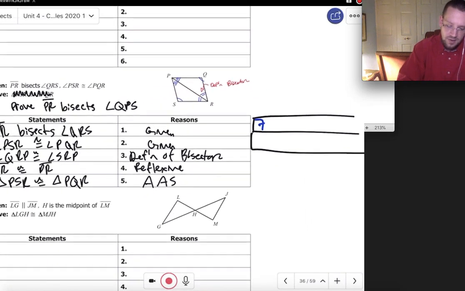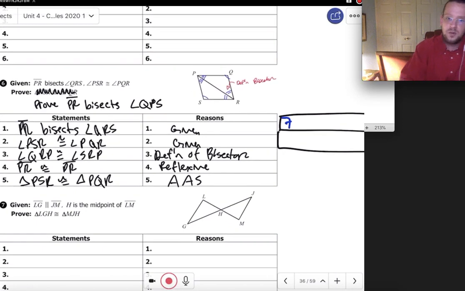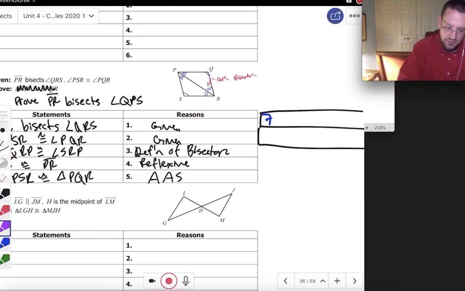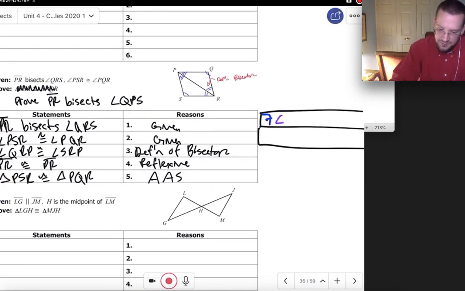Well, we already said that these triangles are congruent. Just because our two triangles are congruent, we know that angle RPS is congruent to angle RPQ.